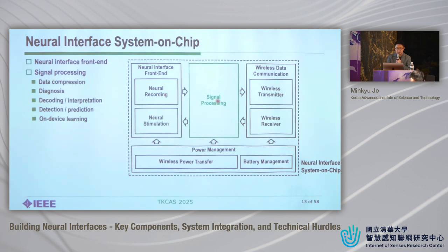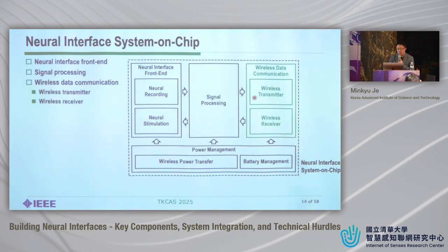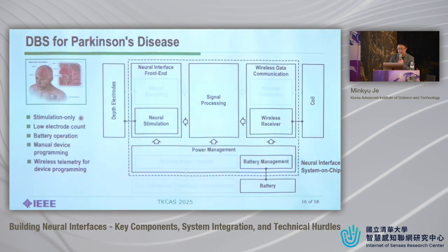Signal processing plays quite a diverse role, like data compression, diagnosis, decoding, interpretation, detection, prediction, and sometimes even on-device learning for patient-specific treatment. Coming to wireless data communication, of course we need a wireless transmitter and receiver. And for power management, we need circuits for wireless power transfer as well as battery management in many cases.